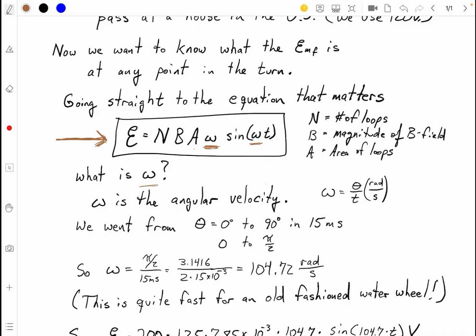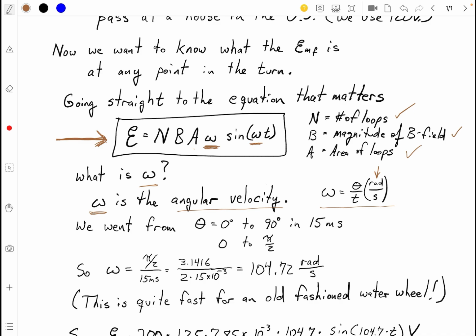So what is omega again? Of course, that is our angular velocity, and that's really just the amount of radians per second. So we've got our number of loops, we've got our B field, we've got our area of the loops. All those things make sense, and now we just need this omega times the sine of omega t.